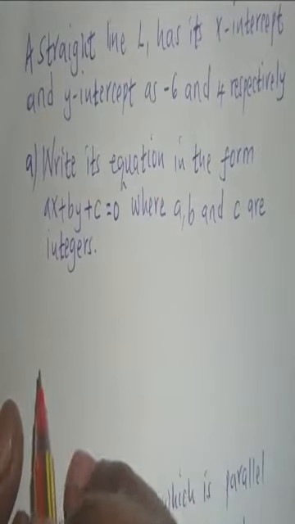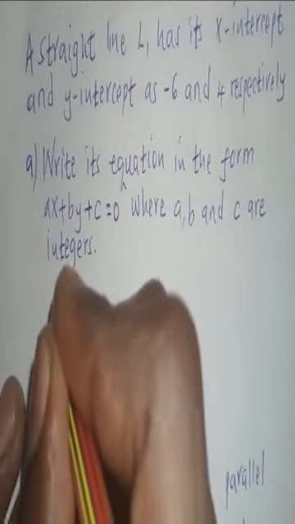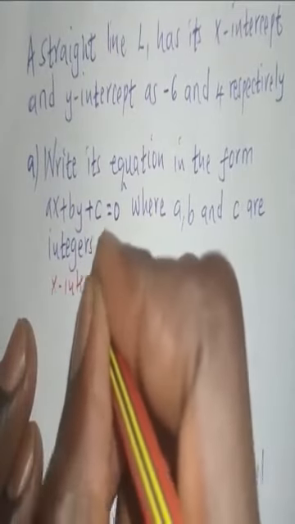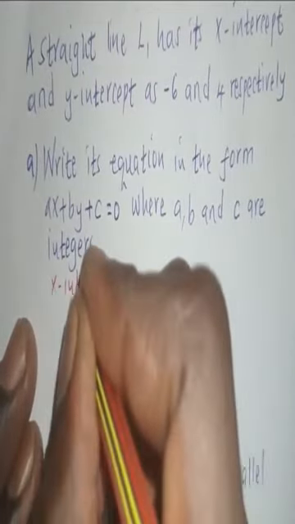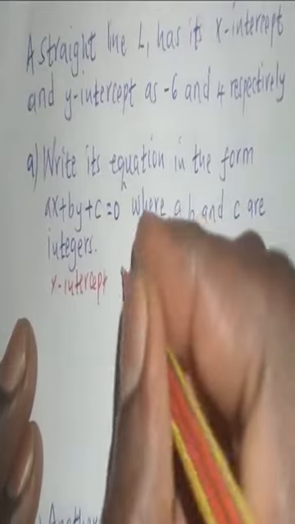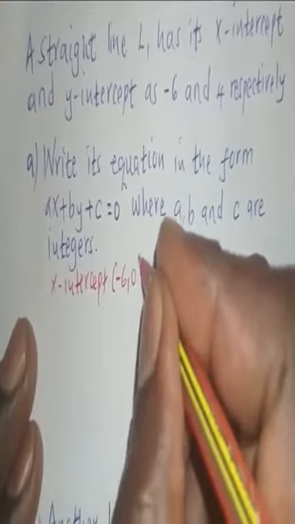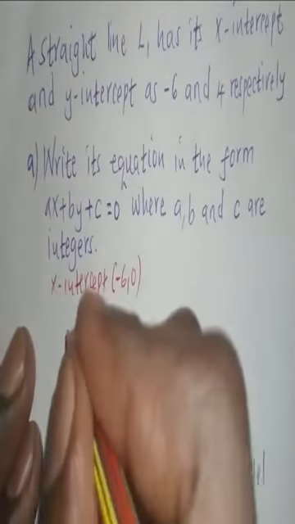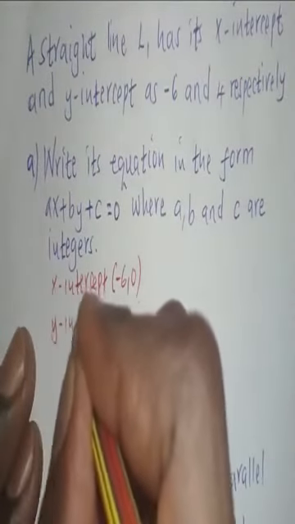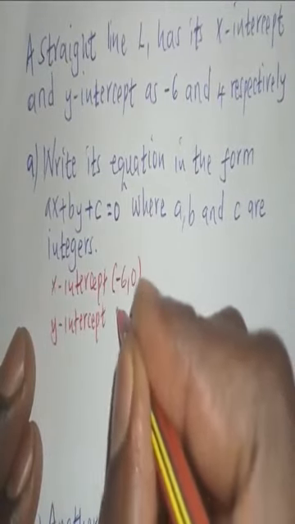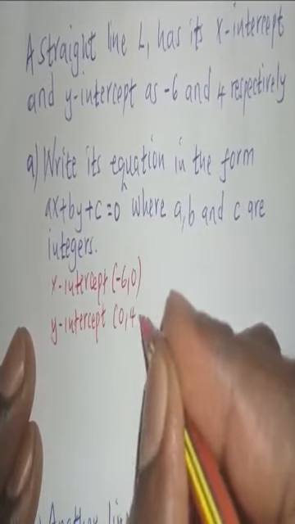Given an equation like this, we know at the x-intercept we'll have our coordinate as (-6, 0). Then at the y-intercept, we have our coordinate as (0, 4).